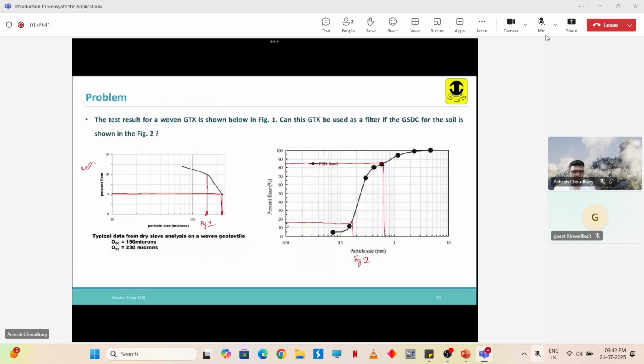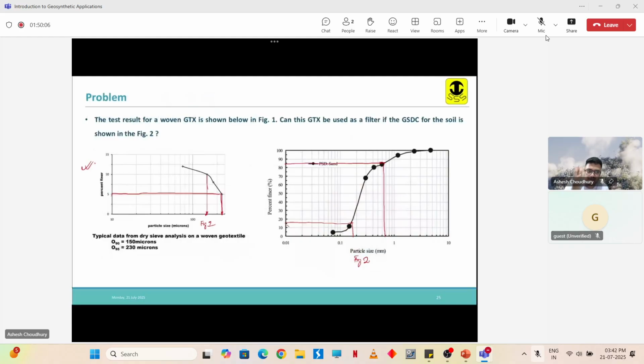Okay, that is O90. Now O95 means what? For 230 microns, that is a higher size of beads. So obviously, when we are increasing the size of the beads, a higher amount of the beads will be retained, right?